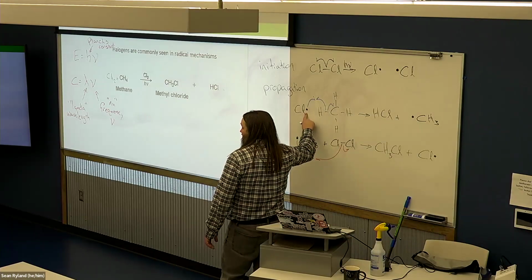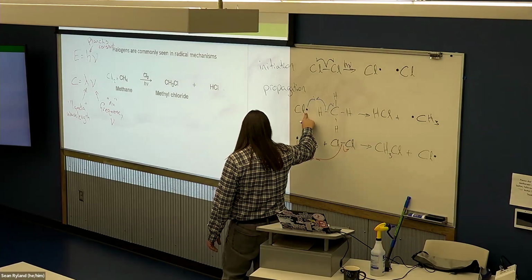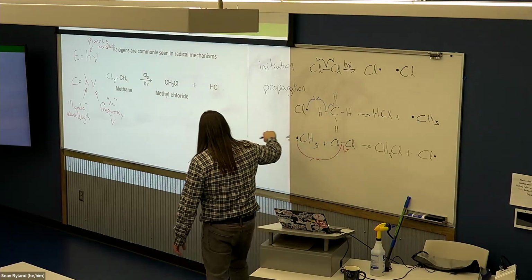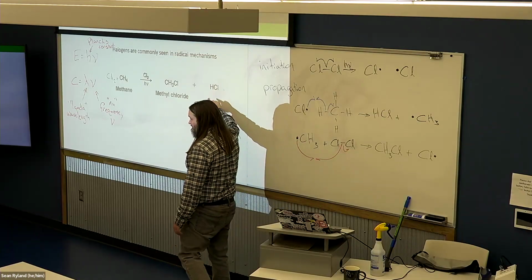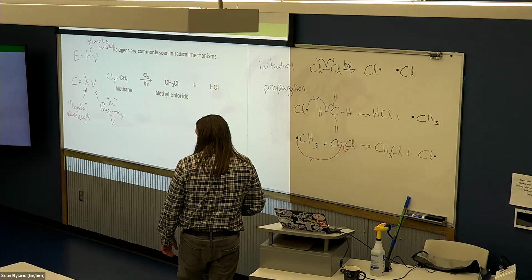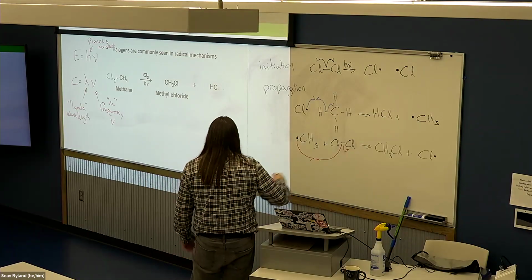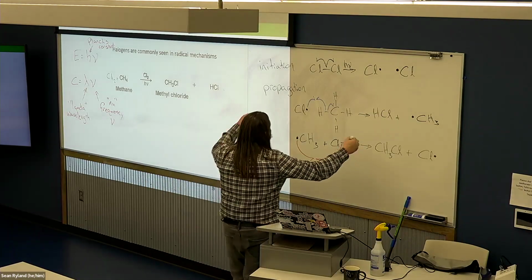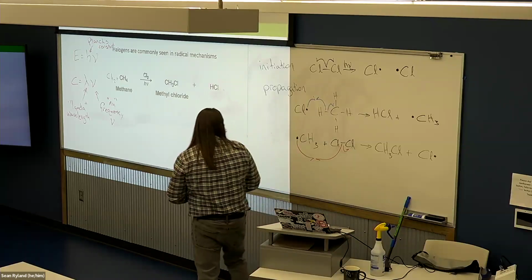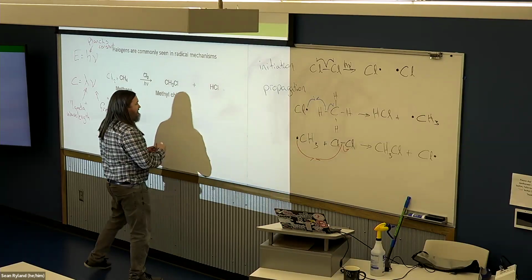So a chlorine radical steals a hydrogen and makes this. Anything that's identical on both sides eliminates. If we add these all together, we're going to get four things on each side, right?